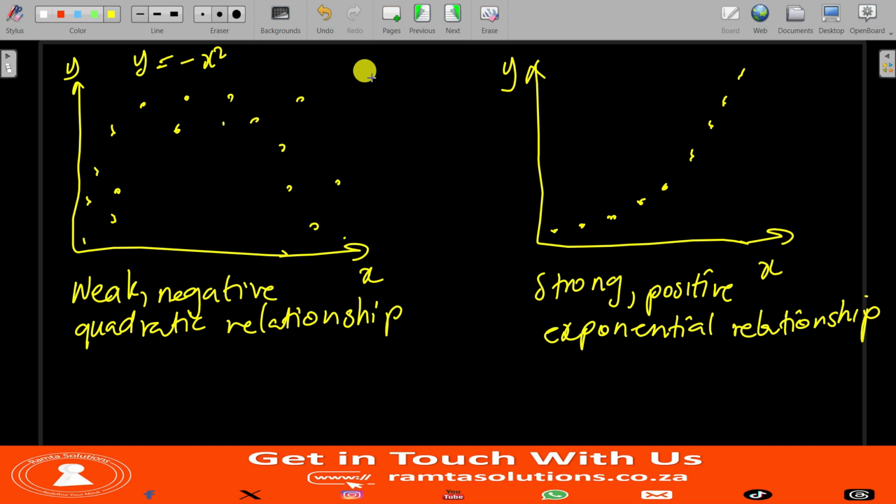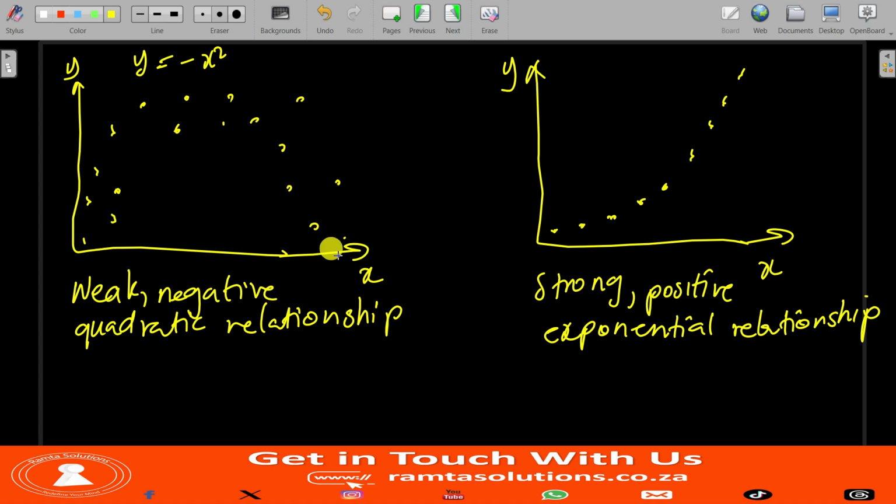Remember, with the direction, you say when x increases, y increases. Or when the variable on the horizontal axis increases, the variable on the vertical axis will also increase, right? This is when you say it's positive or negative. But for you to say it's strong, the data points need to strongly conform to a particular function.